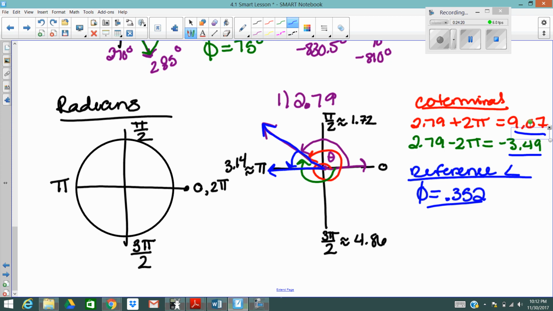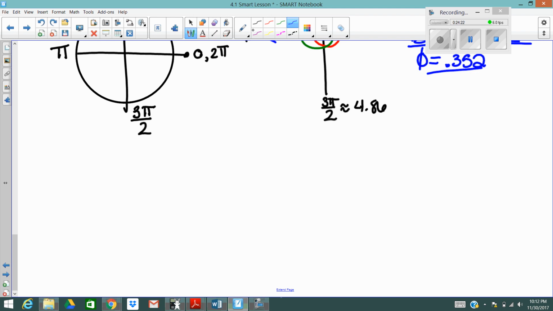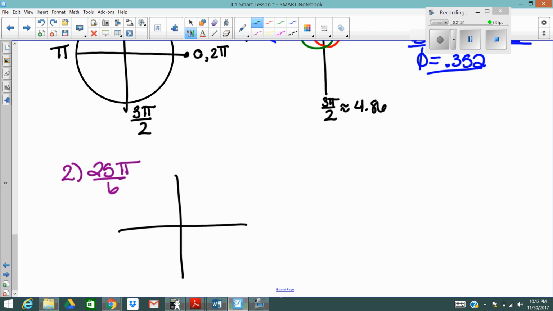So now let's do another angle that's in terms of pi. Let's do, for example, 25 pi over 6. All right, so I have 0 radians, pi over 2 radians, pi, 3 pi over 2, and then my full circle, 2 pi. Problem is, my denominator is in terms of sixths.